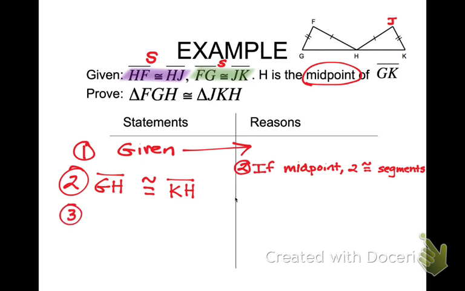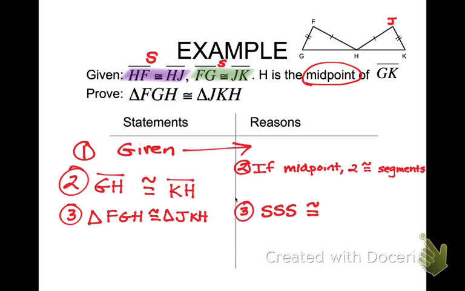So now what was I trying to prove? I was trying to prove that triangle FGH was congruent to triangle JKH. So let's rewrite that in line 3. FGH is congruent to triangle JKH. And then the beauty of this is, I'm just going to say, because of side, side, side congruence.